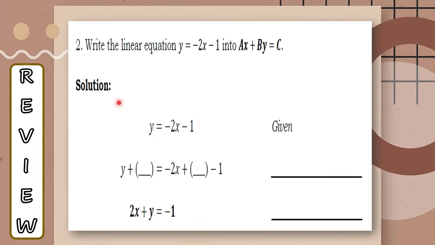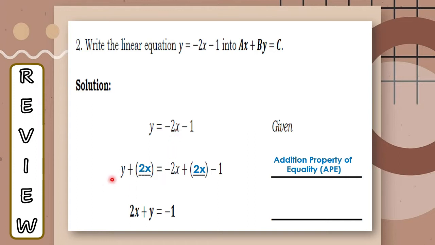Number 2, write the linear equation y is equal to negative 2x minus 1 into ax plus by equals c. Y is equal to negative 2x minus 1 for the given, followed by the addition property of equality, or APE. So we have to add 2x to both sides in order to eliminate negative 2x on the right side.